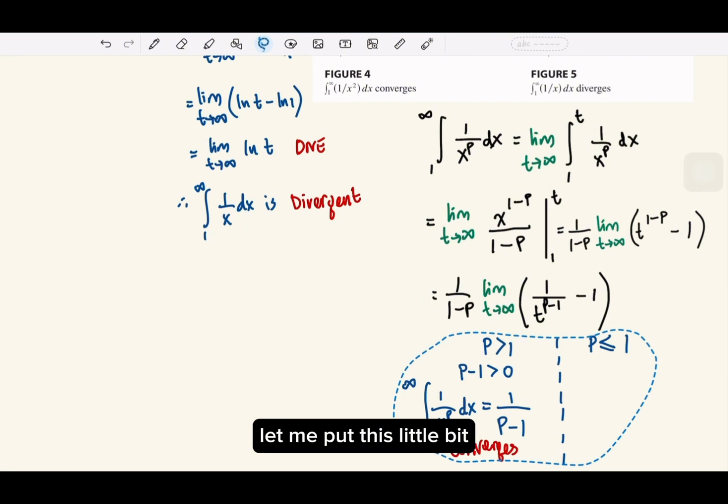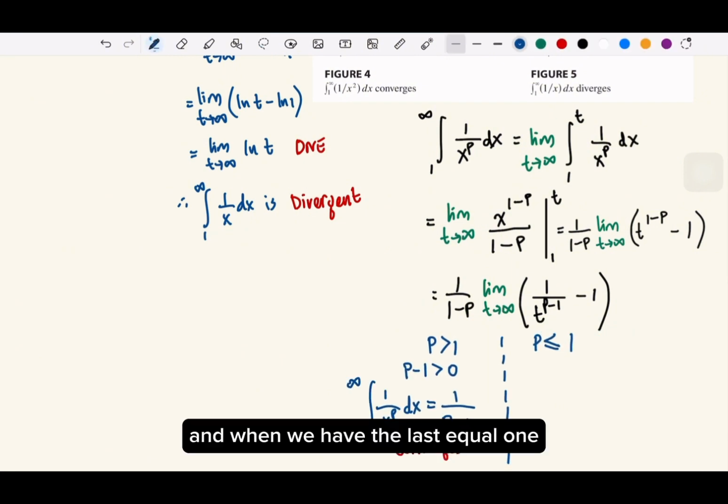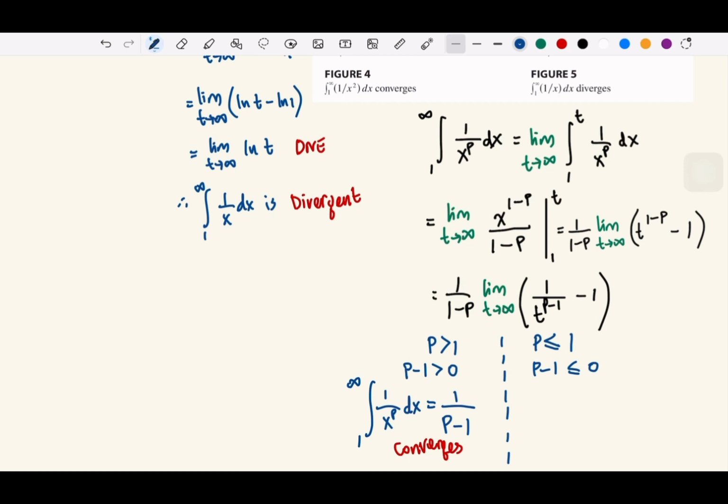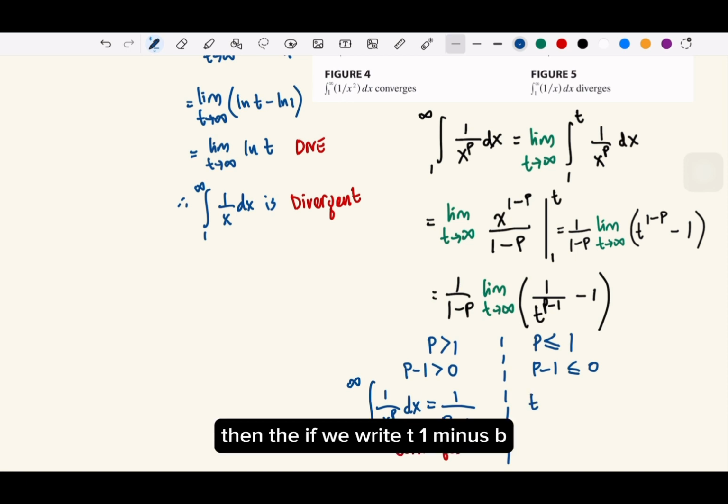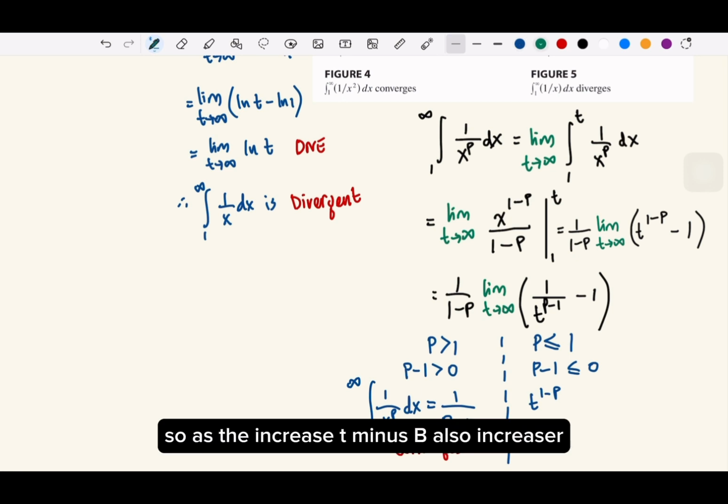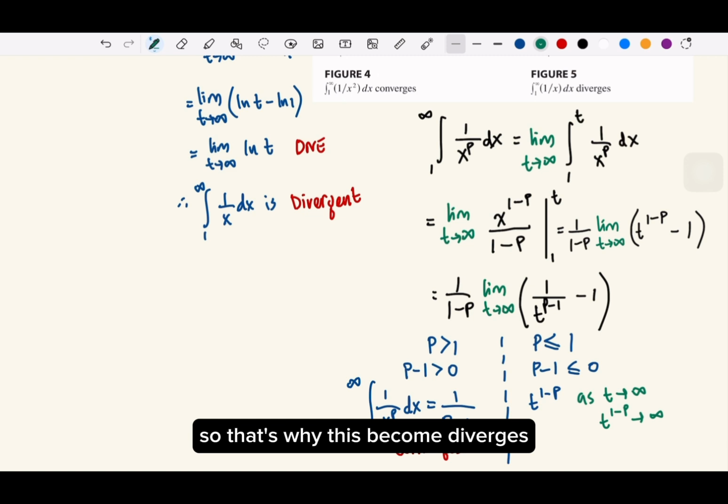Let me put this a little bit to the right. And when we have p less than or equal to 1, then if we write t to the 1 minus p, as t increases, t to the 1 minus p also increases, right? So that's why this becomes divergent.